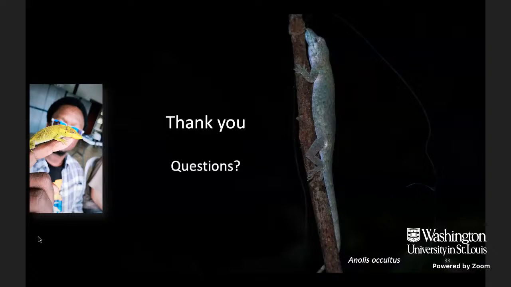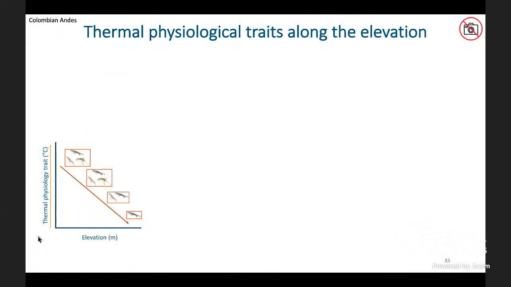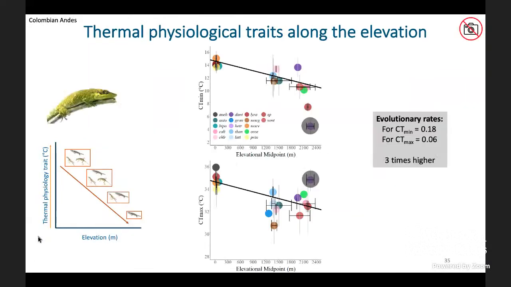Not really, no. For this species, this is a really weird, strange species that has the coldest CT min and the warmest CT max, and that's basically the only one where those two are kind of related. But again, this is a really weird and unique species. For the rest of them, they are not related.